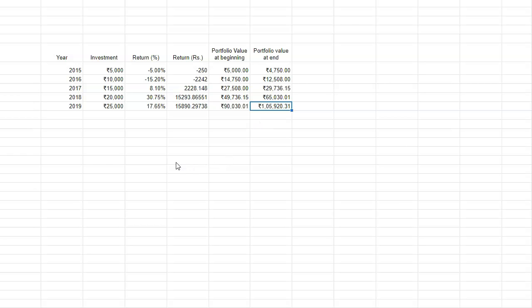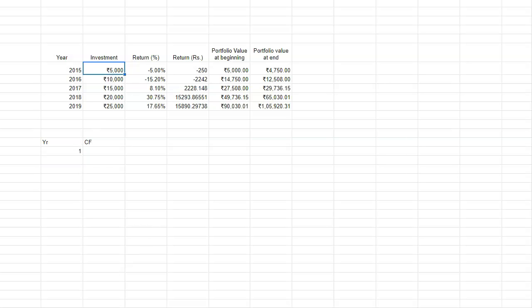If we had to think of it in terms of cash flow, in the first year, thinking about it as year and cash flow, we have a cash outflow of 5.